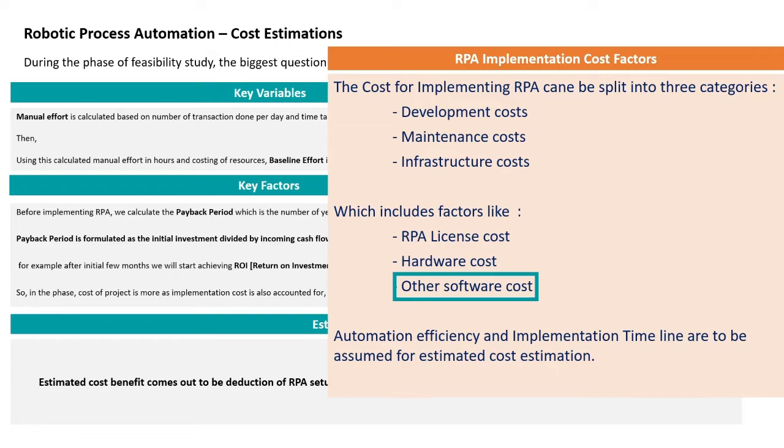Also, we need to assume automation efficiency, that is how much percentage of the work is automated from the 100%, how much was there in the scope of automation and how much work was there which cannot be automated or has some or the other restrictions. Second variable which needs to be assumed is implementation timeline. For example, we are saying that implementation will take 3 months or 4 months, so that we need to assume.